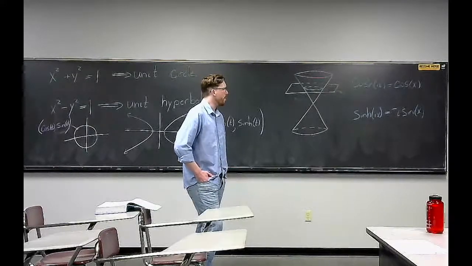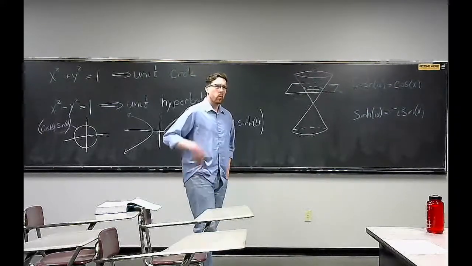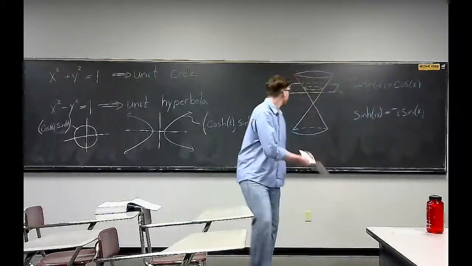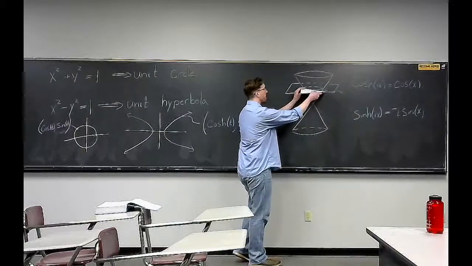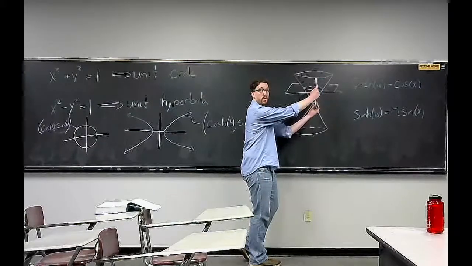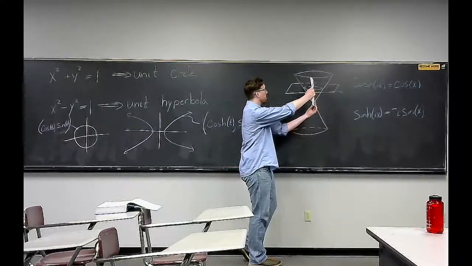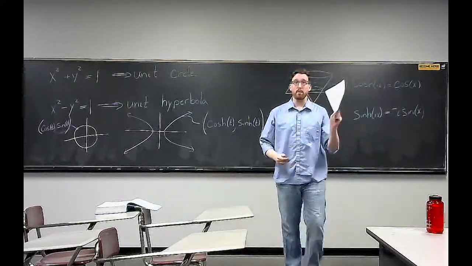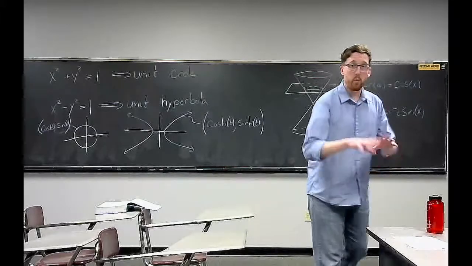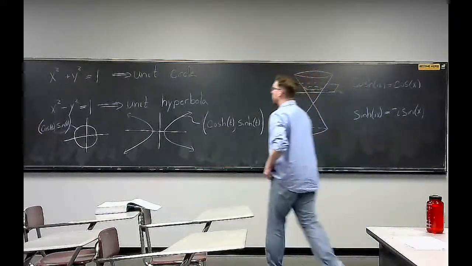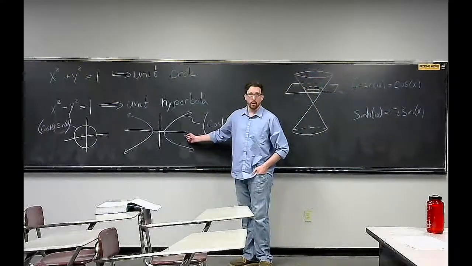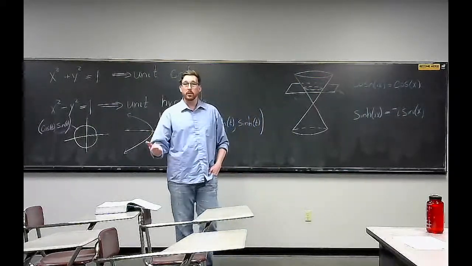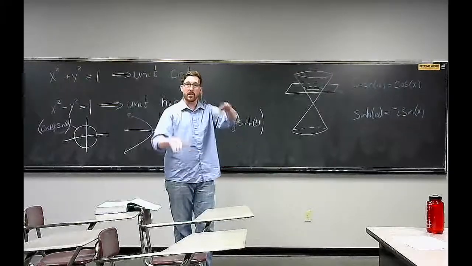Okay. Well, what happens when we take that plane and rotate it so that it's directly up and down? When we do that, the intersection between the cone and the plane will then form these hyperbolas. You can also get ellipses by moving that plane in different directions.